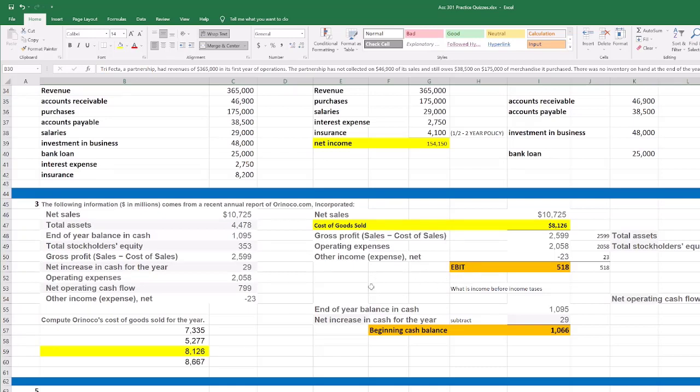All right, but what if it asks you for income before income taxes, earnings before income taxes, however it's called? Basically, then we're going to take our gross profit less our expenses, okay? And the tricky thing here is you've got this negative number. So how do you deal with that? We have gross profit $25.99, operating expenses of $20.58, and then we have negative 23.